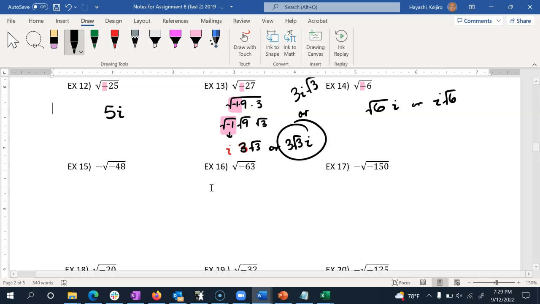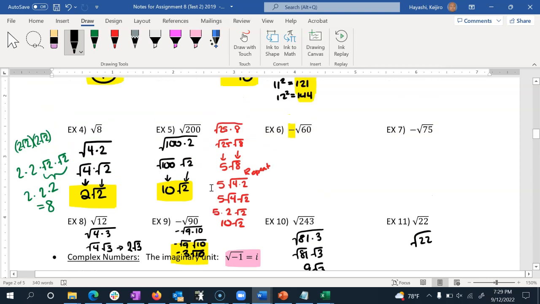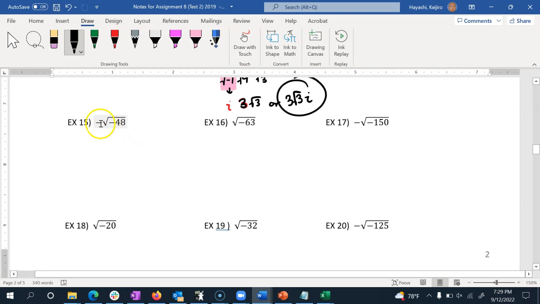The negative on the outside will simply make the result what? A negative. So if you have both, your result is going to be negative, but it's also going to have an i. The negative on the outside is what makes the negative. The negative on the inside of the radical makes the i.